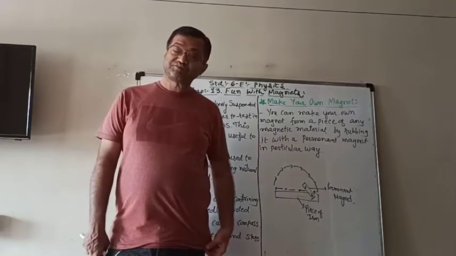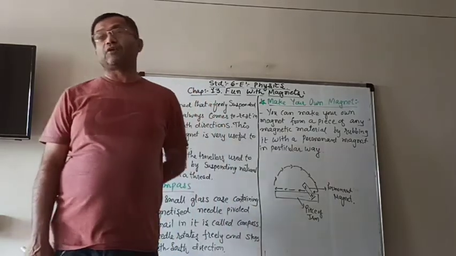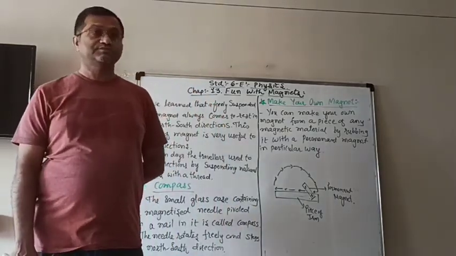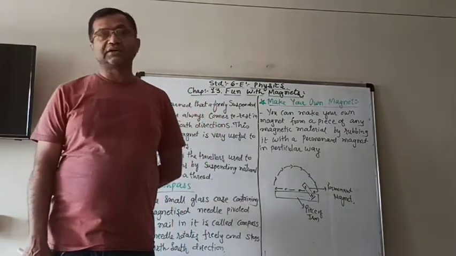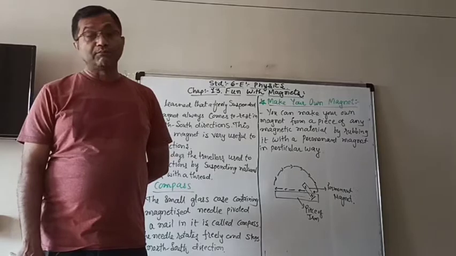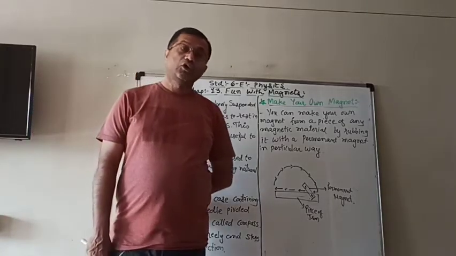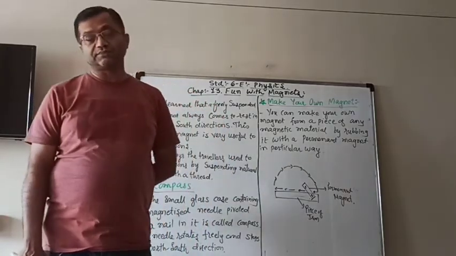We saw that artificial magnets are of different shapes: bar magnet, cylindrical magnet, magnetic needle, horseshoe magnet, etc.